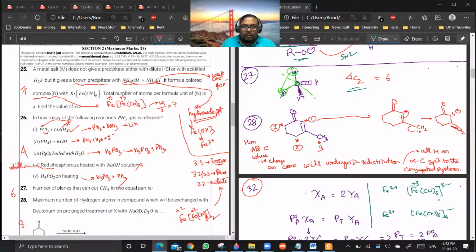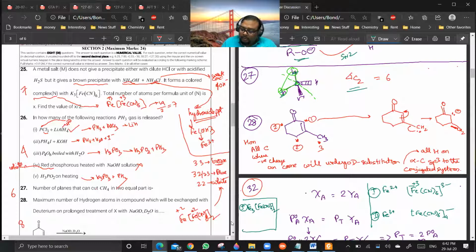Now you can write the formula by exchange of anions, valencies. What will happen? The first one: 3 will come here, 2 will come here, so it will be Fe3[Fe(CN)6]2. This is the Turnbull's blue complex.